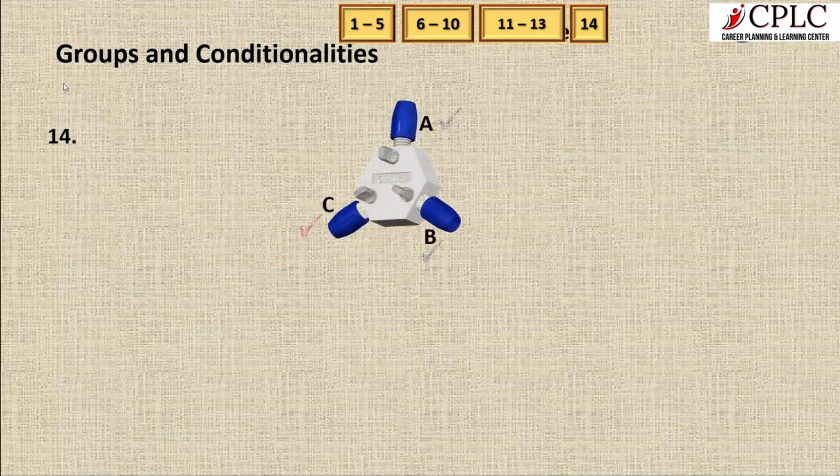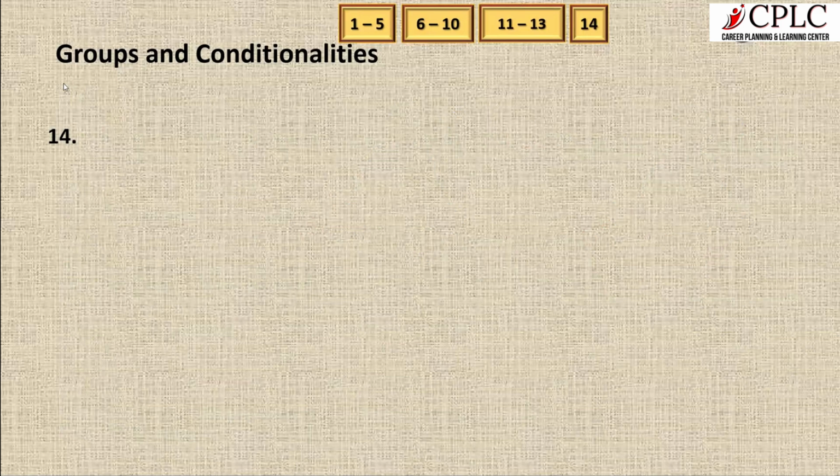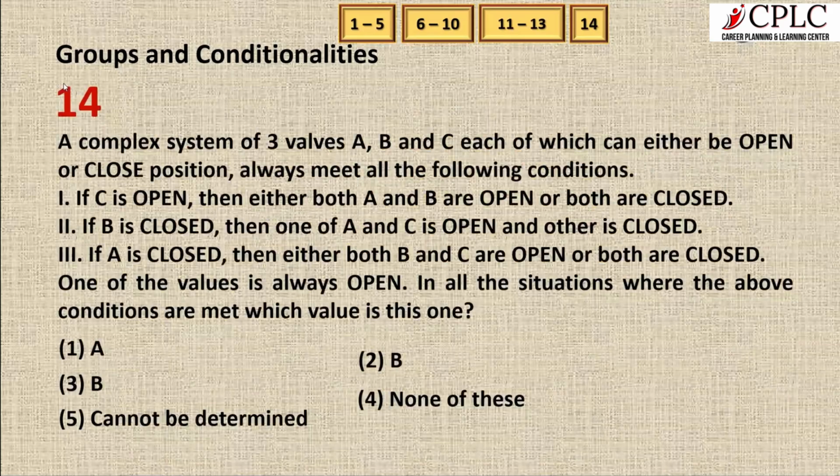Now, let's take the first possibility. It is said that if A is closed, then either both B and C are open or both are closed. Now, let us focus on the A part first.